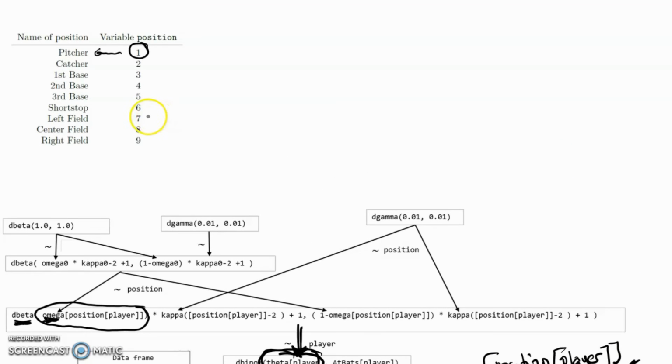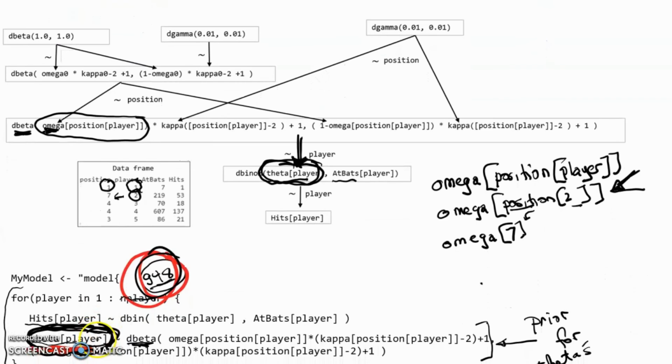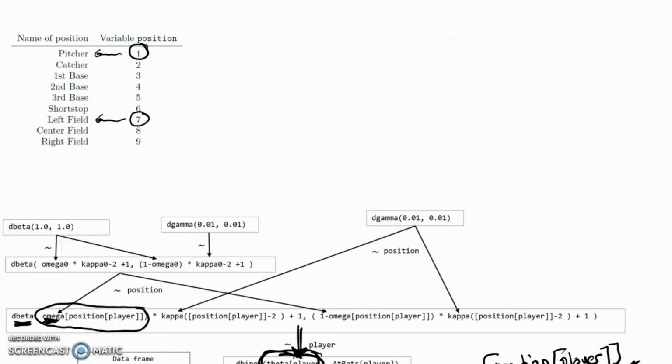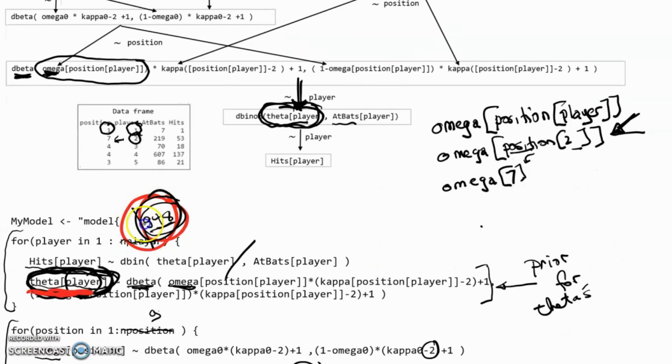We come up here, what is omega 7? That is a left fielder. So if we think about the theta for the second player, the relevant omega is going to be the omega that's associated with 7, which is left field. And on it goes through each one of these 948 players.